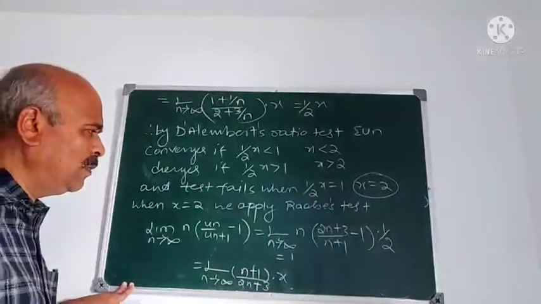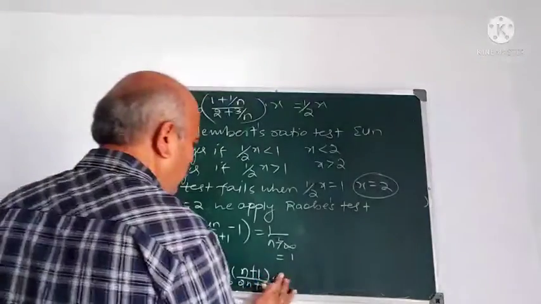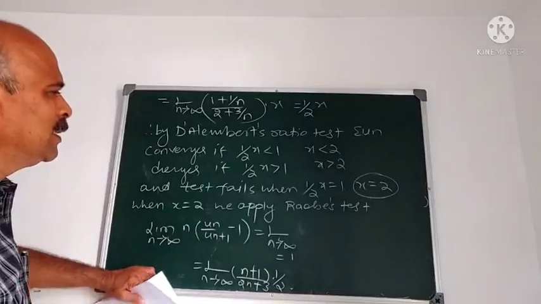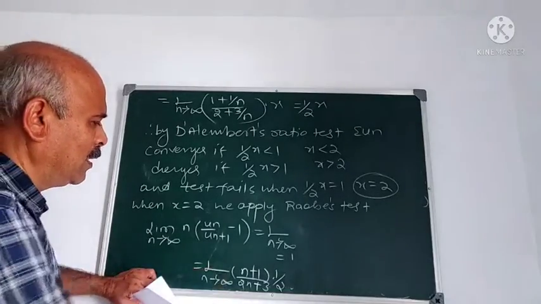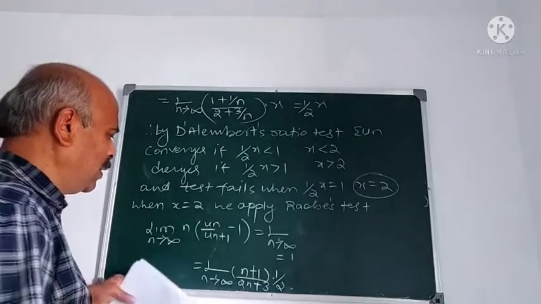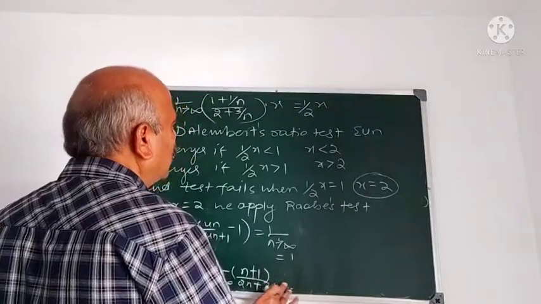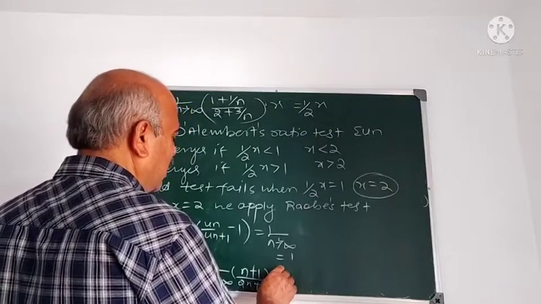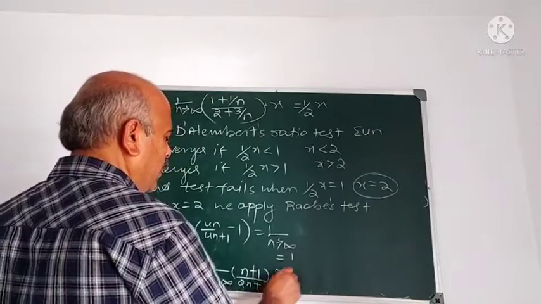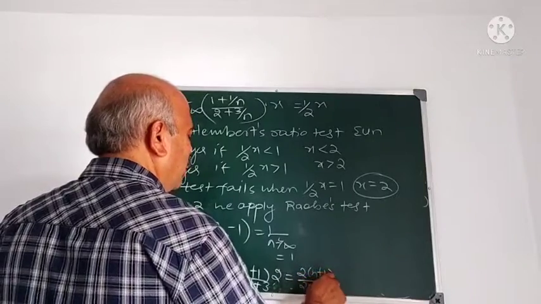But one minute, just a minute. When x is 2, what is un upon un plus 1? Is x in the denominator here, or in the numerator? I think it is in the numerator. We have 1 upon 2x, where x is in the numerator, therefore x is 2 means we have 2 into n plus 1 upon 2n plus 3.